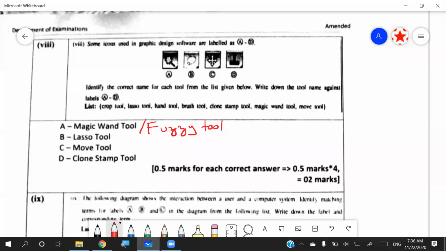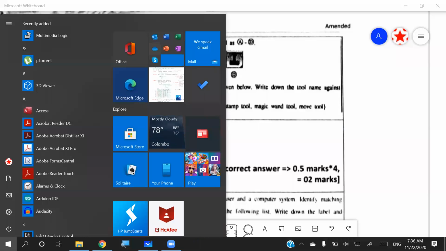Right. And the lasso tool, as I remember, is what we call the free select.